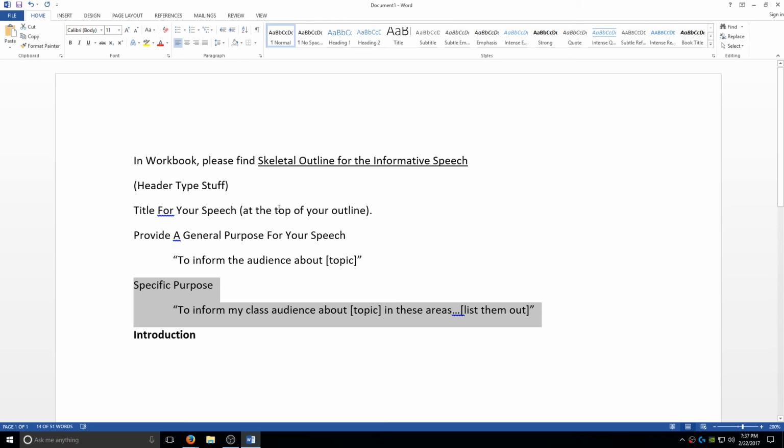Doesn't matter to me. This is just something that you stick at the top of your speech. But now we're into the actual outline, right? And your introduction has to do several very specific things. And we haven't really talked about those things much because we haven't had a formal speech yet. But here we go. So your introduction has 5 parts to it.